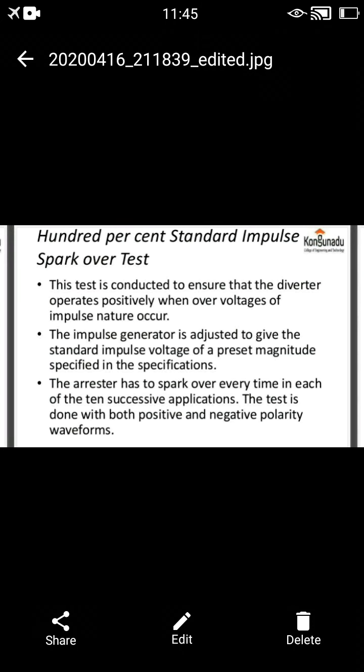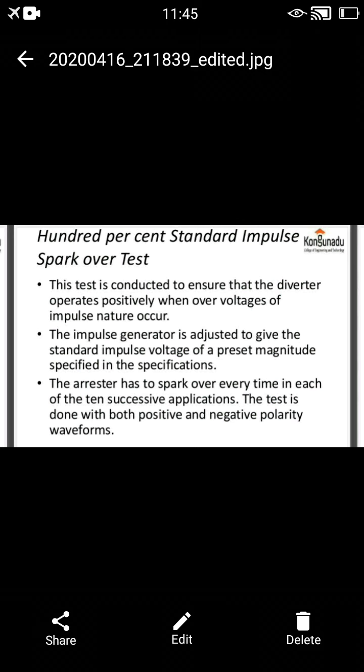So let's start the second type of test, that is called the 100% standard impulse spark over test. This test is conducted to ensure that the diverter operates positively when over voltages of impulse nature occur.